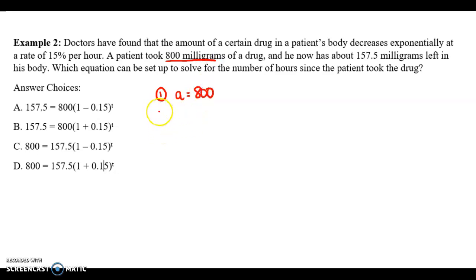So we're going to substitute that in to our equation for a. But I still have b to worry about. Step 2, is this growth or decay? Well, it said at the very beginning that it decreases exponentially. So this is going to be exponential decay.